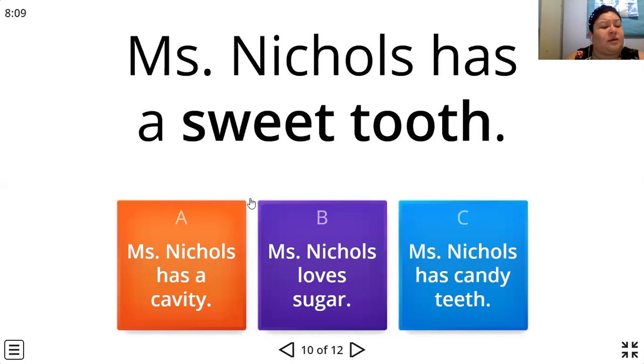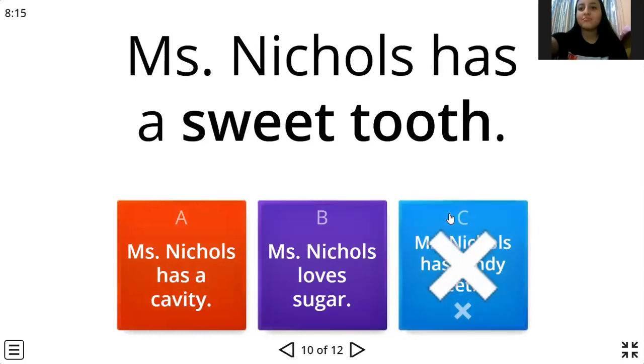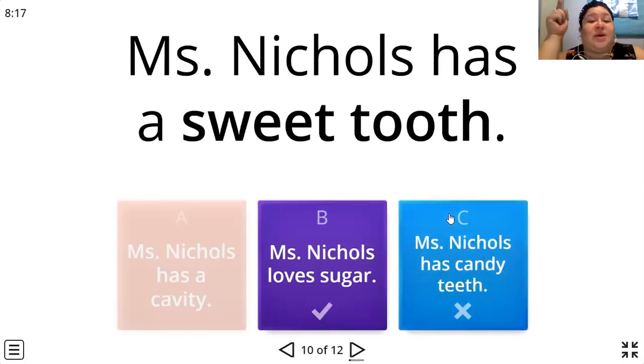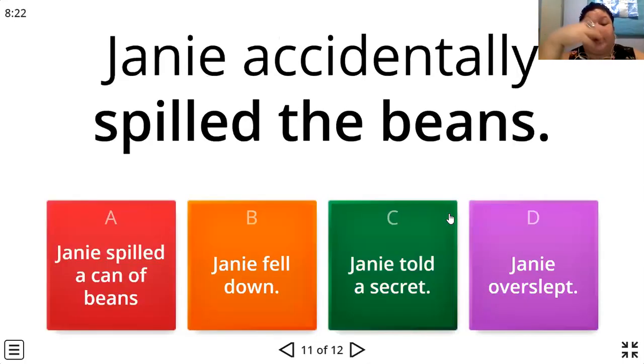Which one, A, B, or C? Letter C. Let's see. No. When I say sweet tooth, it's because I love sugar. I love candy. I love to eat sweet stuff. That's the relationship between sweet teeth, okay?